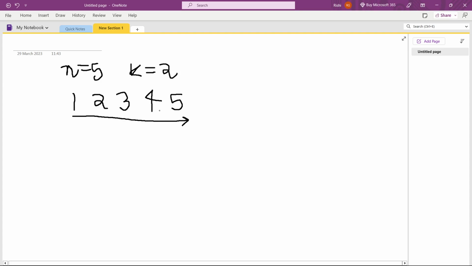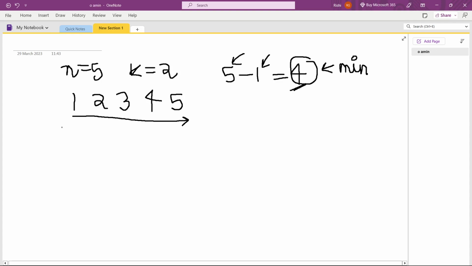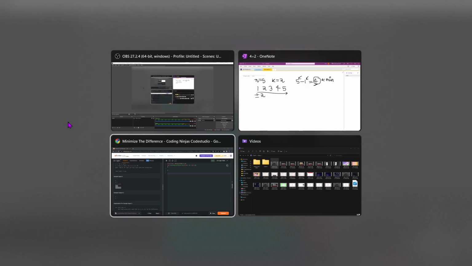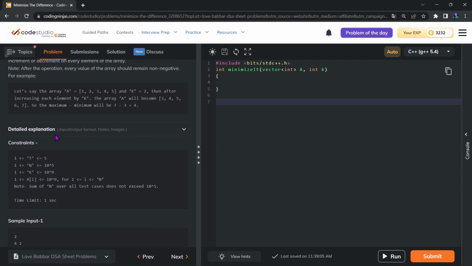Now we can see that the difference here is 5 minus 1, as 5 is the maximum element and 1 is the minimum element present in this array. So our difference becomes 4. What we have to do is minimize this difference by adding or subtracting 2 in each of those elements, and it is compulsory to do that.